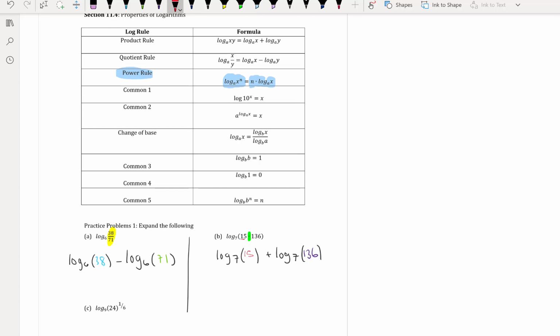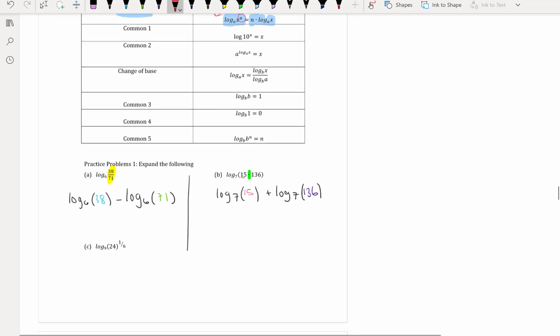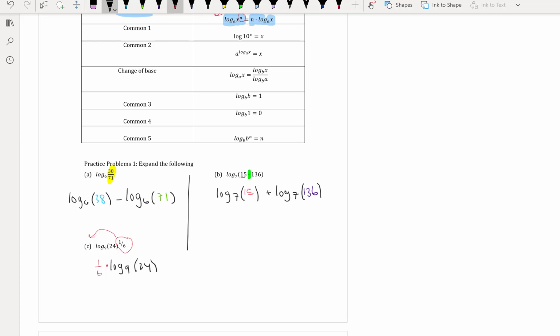You're bringing this power out to the front. So now I have a 1/6 that's being multiplied by this log base 9 of 24. Okay, and that is going to be your final answer.